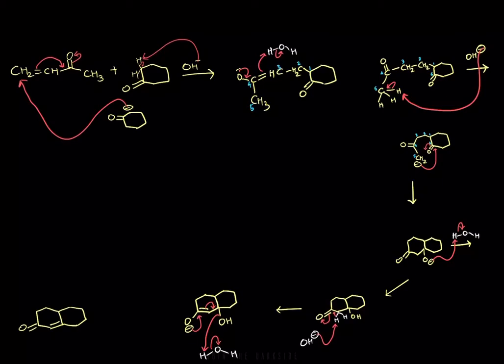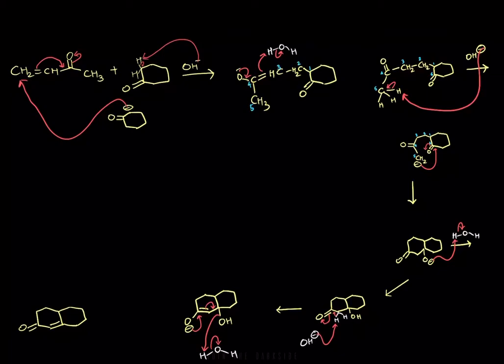In the next step, the oxygen carrying a negative charge thrusts the electrons back in to form a double bond, and a hydrogen is added to this carbon, so this carbon, which is initially CH, now becomes CH2.